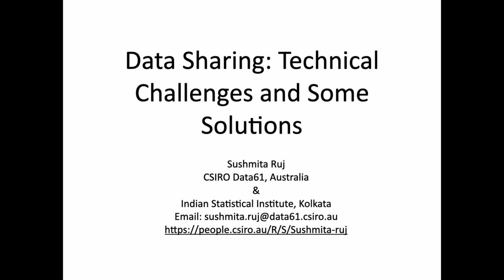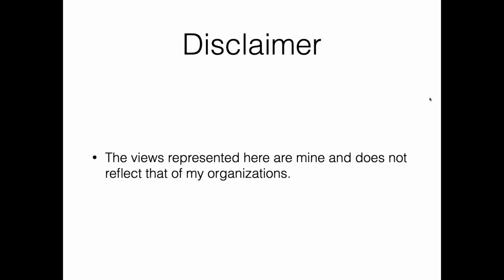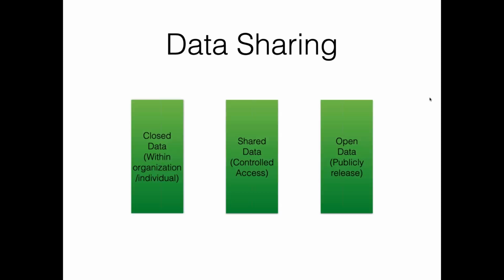Yes, morning. And what I'm going to talk about today is data sharing and some of the technical challenges and some solutions that we have. So when it comes to data sharing, we need to note that you could actually have three different scenarios.